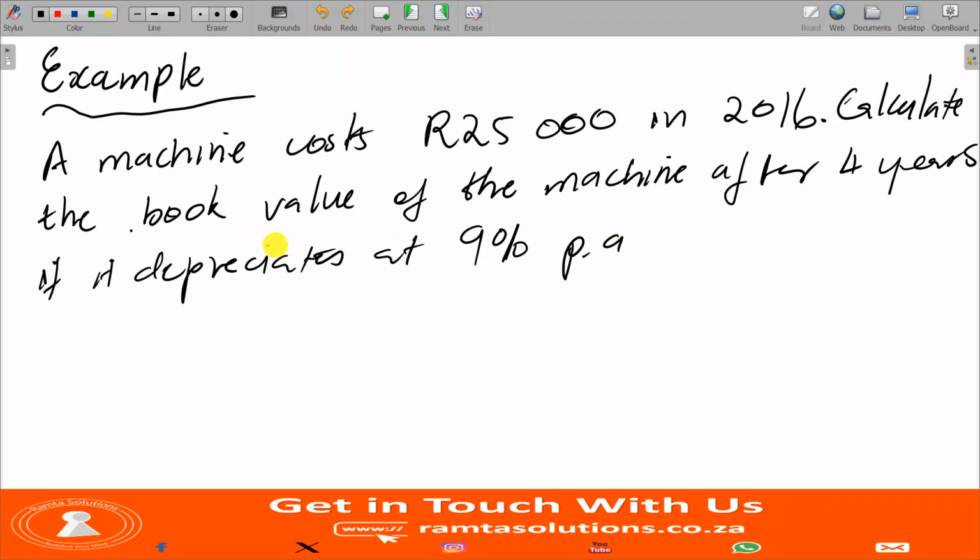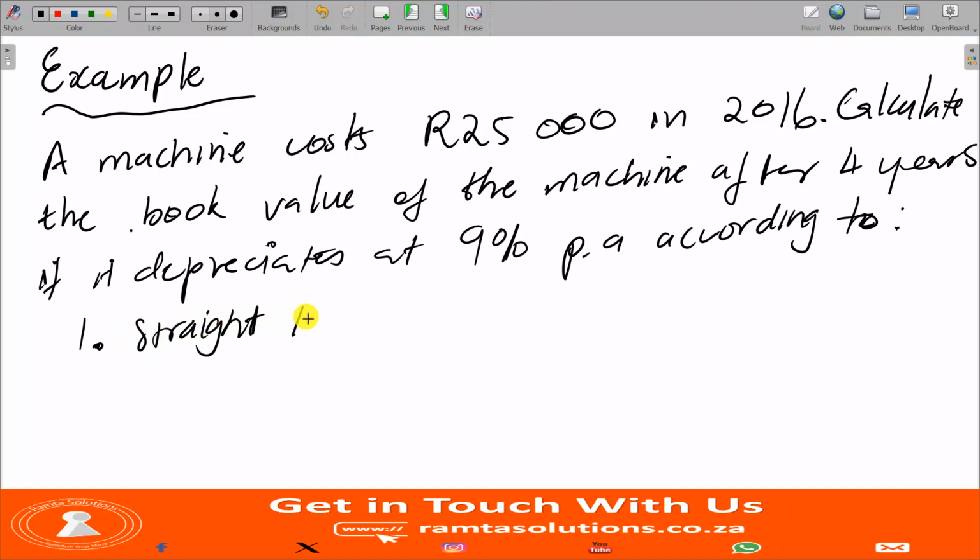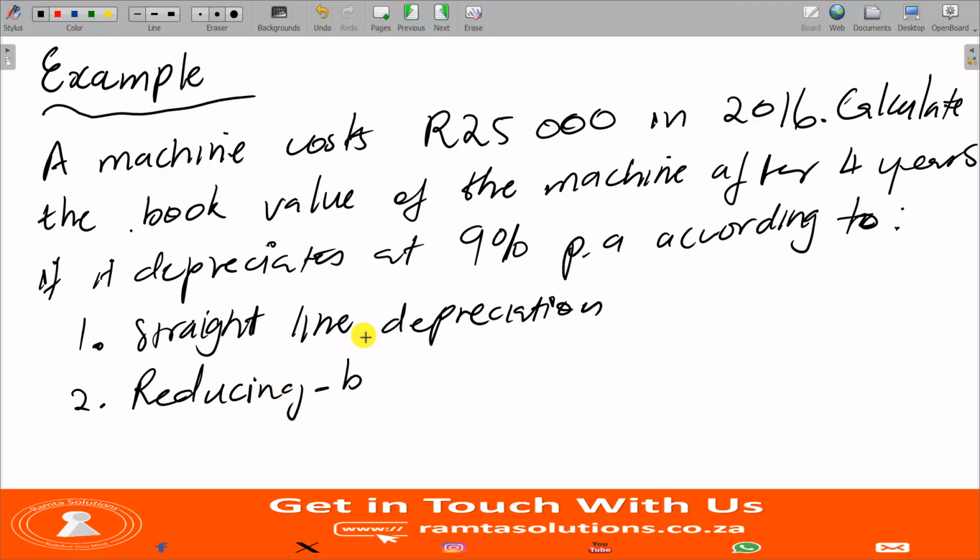If it depreciates at 9% per annum, according to 1, straight line depreciation. 2, reducing balance method.